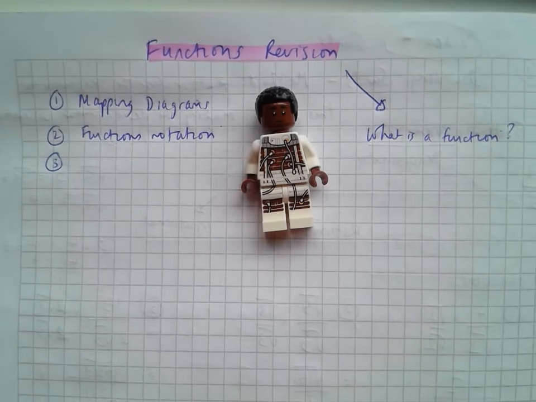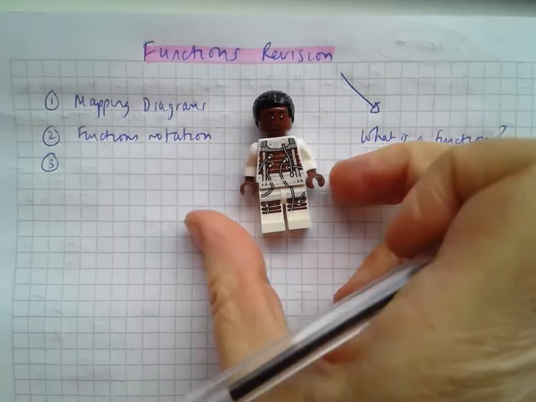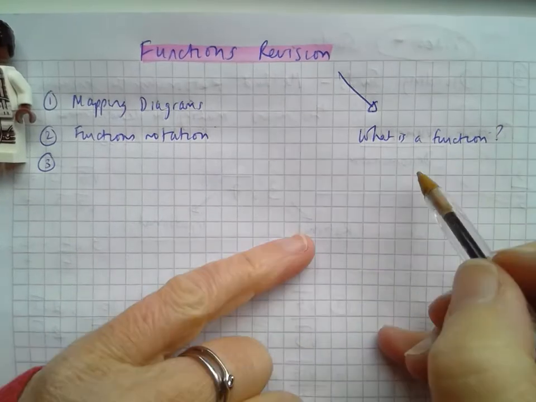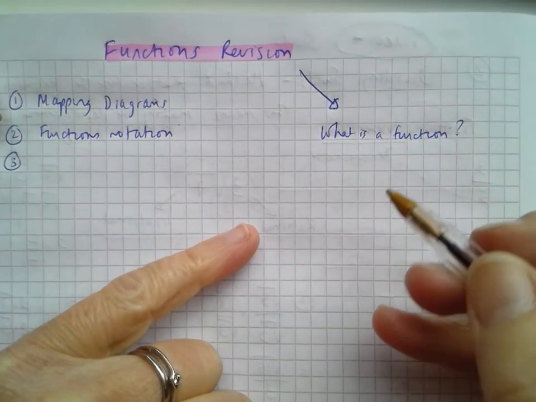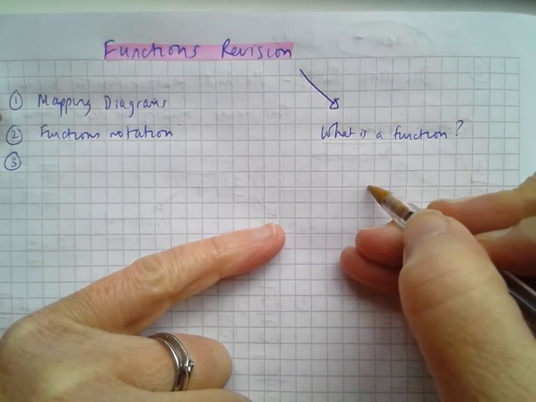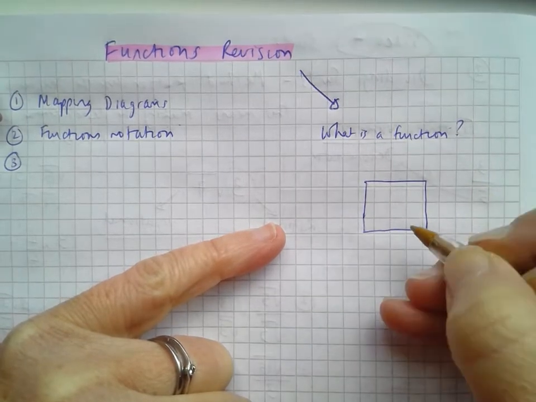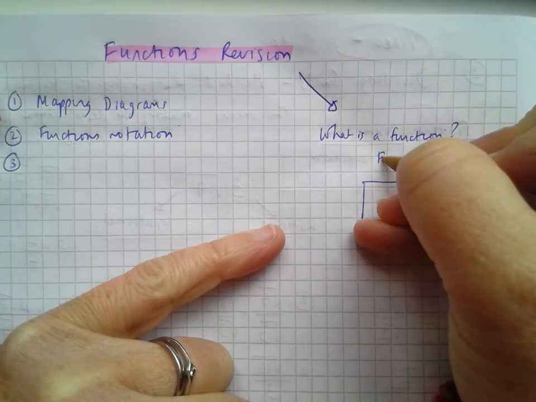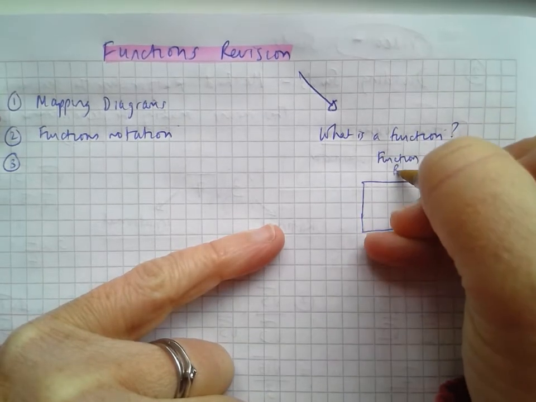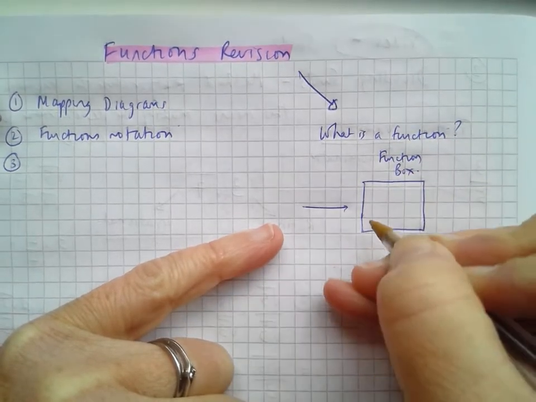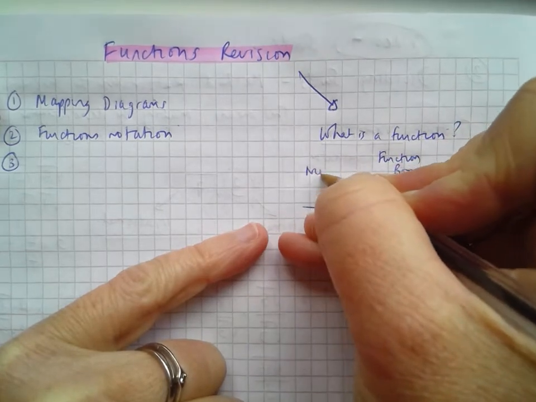Okay, so a very quick review of what a function is. If I draw a picture to help you understand, a function is like a box. This is a function box, and what happens is we feed numbers into the function box and we get numbers out.